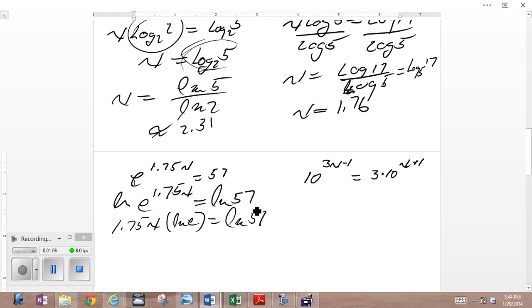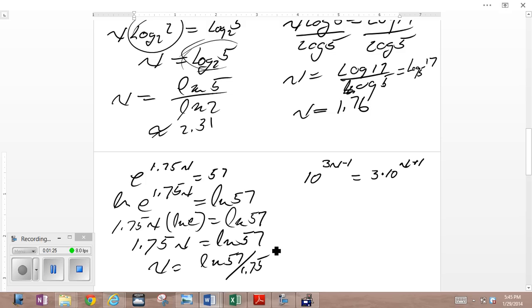Now, of course, natural log of e is 1, so this just becomes 1.75x equals the natural log of 57. So obviously x is the natural log of 57 over 1.75. And again, without your calculator, that's fine. Just leave it at that.